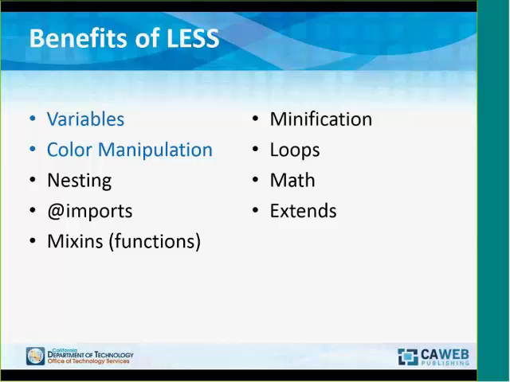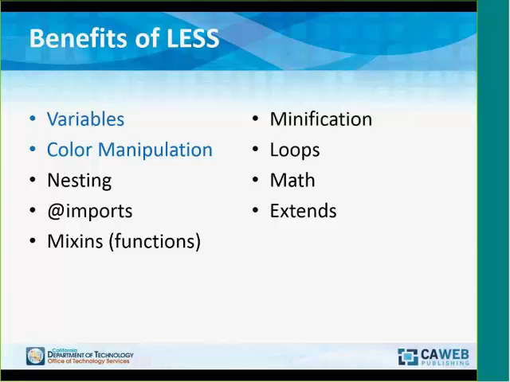But Less is really powerful. It gives you nesting and importing. Importing is sort of like your concatenation, if you will. It combines multiple files. If you're familiar with JavaScript, you understand how useful functions are, and obviously that's missing from CSS, and Less adds things like that back in. Some of the tooling will allow you to minify your code, which improves performance.